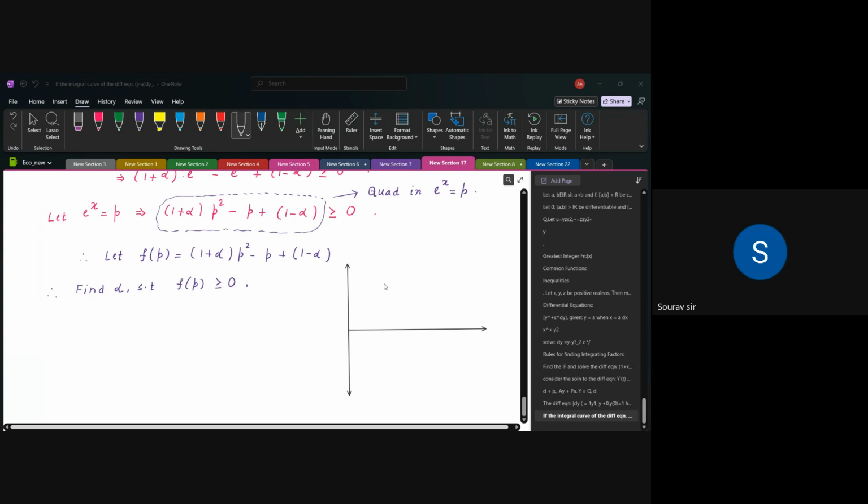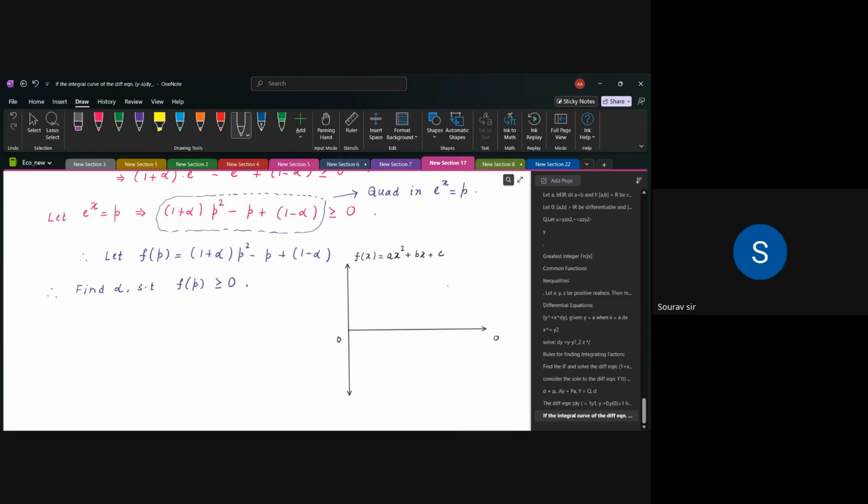Okay, let's discuss this once. Let me just consider a general quadratic. Let's say that your f of x is ax square plus bx plus c. In general, the quadratic takes the shape of a parabola, right?